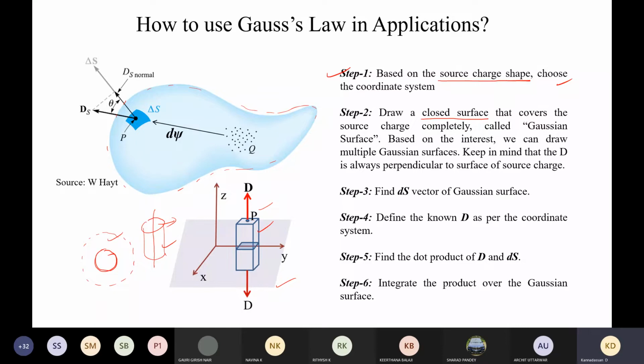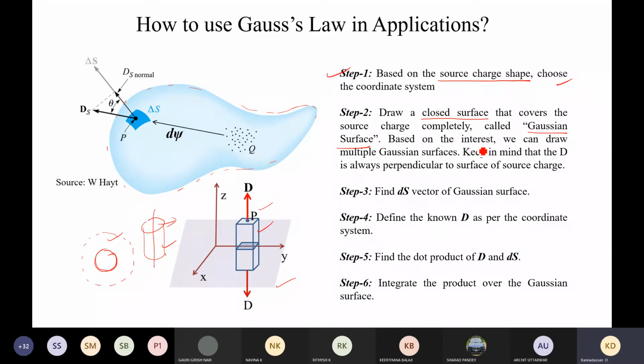And if we can utilize some identities during integration, we can easily solve the problem. So like that, we have to choose the closed surface, and this closed surface is often referred to as the Gaussian surface. If you draw this Gaussian surface cleverly, then it is very easy.